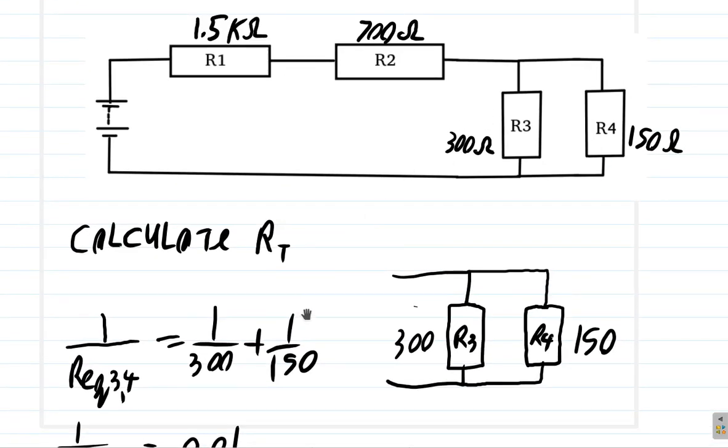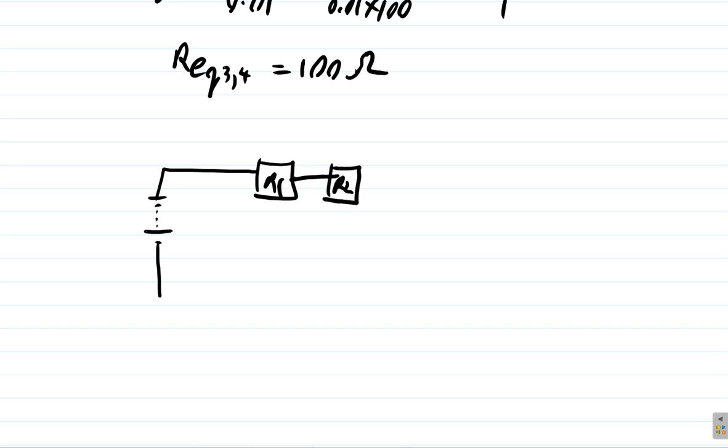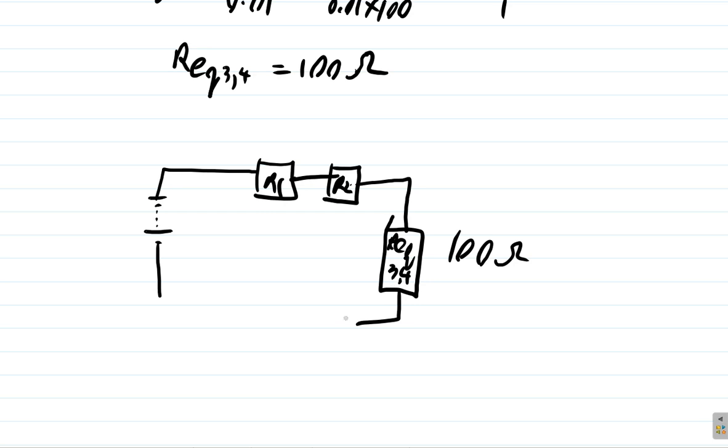So, let's redraw the circuit and continue. What we have is our source, our R1 and our R2, and then we have the equivalent of R3 and 4, and that is 100 ohms.